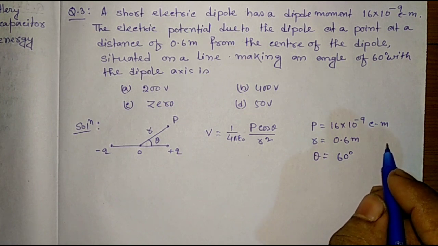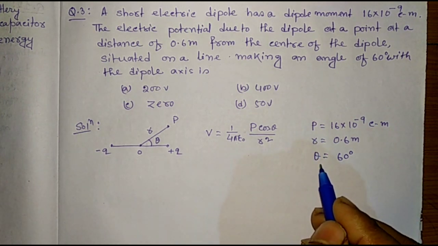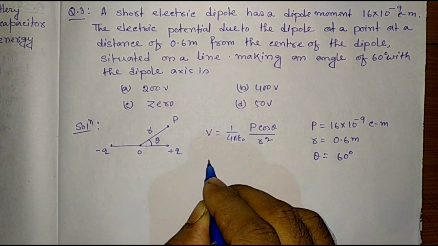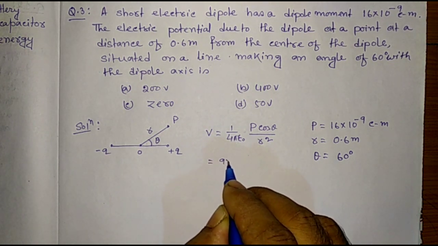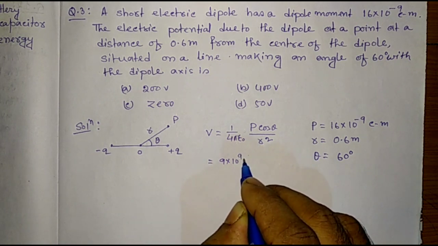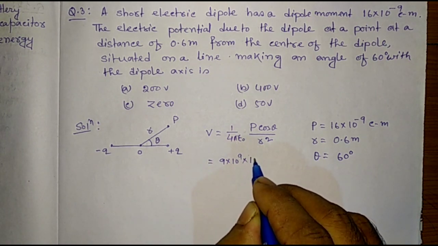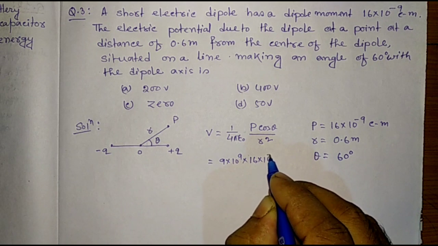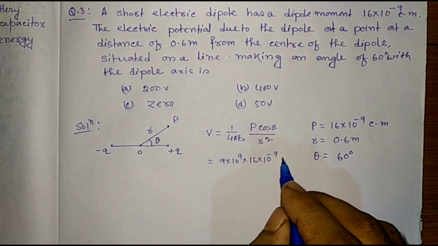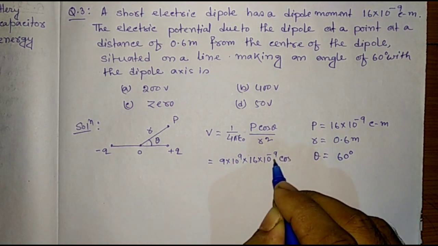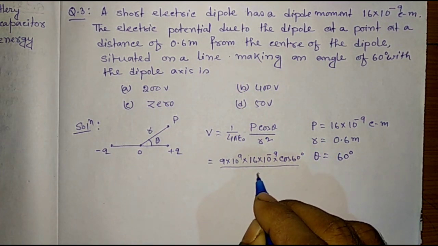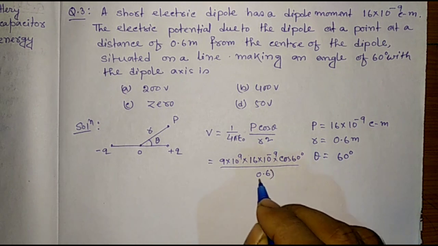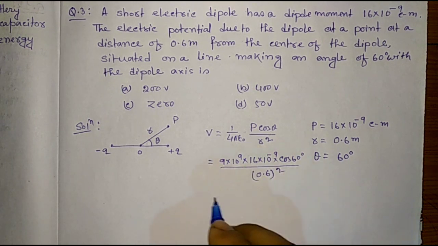Now putting the values of p, r and theta here, 1 by 4 pi epsilon naught, which is 9 into 10 to the power 9, value of p is 16 into 10 to the power minus 9, cos theta, which is cos 60 degree, divided by 0.6 whole square.